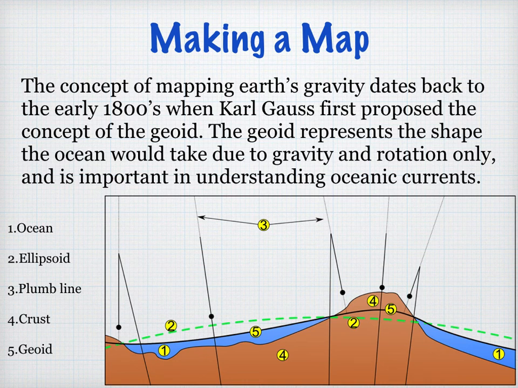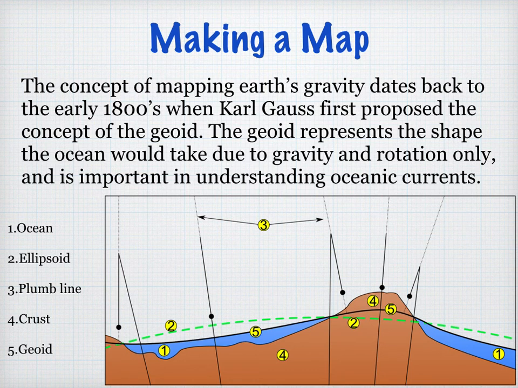So in our diagram, 1 in blue is the Earth's ocean, 4 in brown is the crust of the Earth. Number 2, the dashed green line, is what's referred to as the ellipsoid, and that would be the shape the Earth would take if it was just a perfectly evenly distributed geometric object. So kind of like a squashed sphere, but all the mass is evenly distributed.